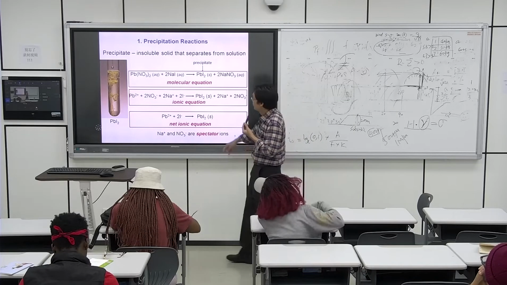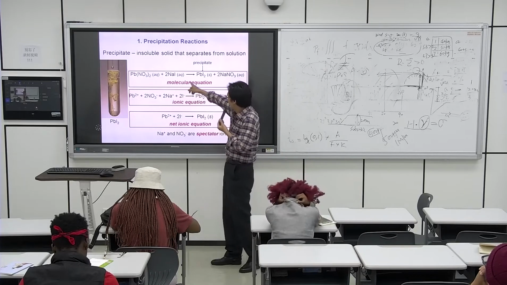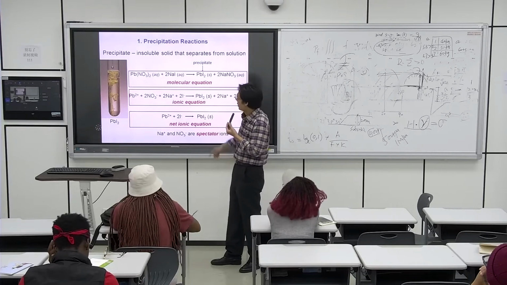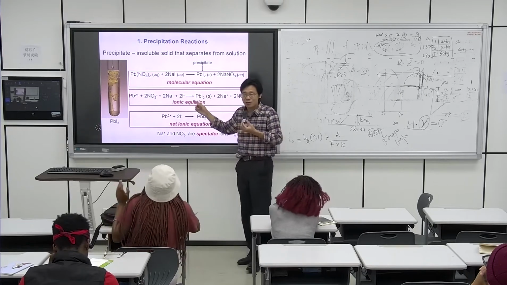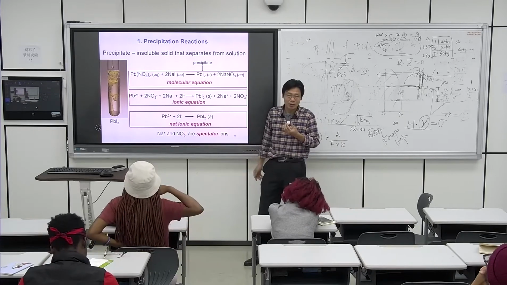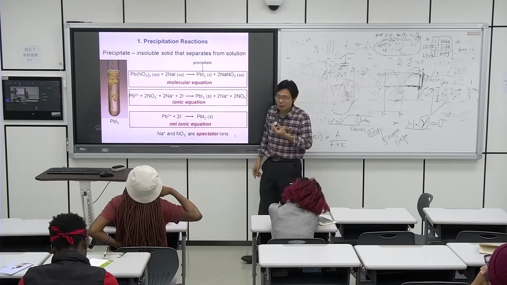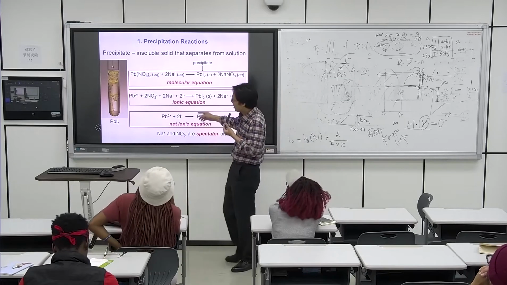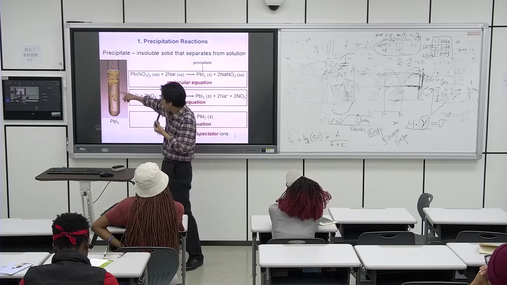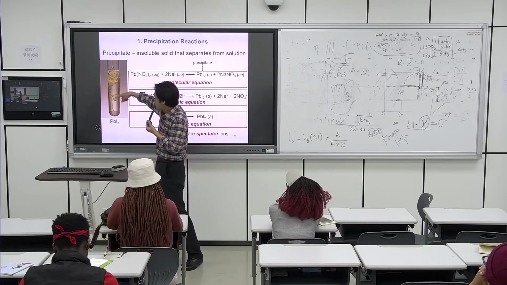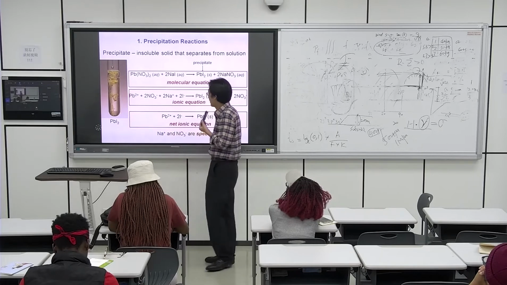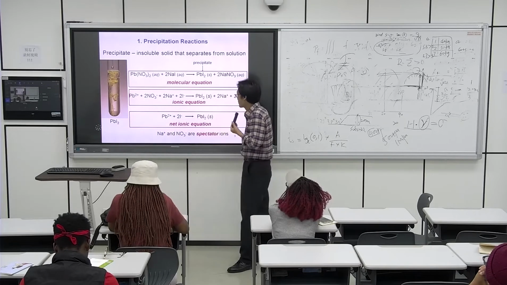For example, in this reaction, this is a solid, which means it does not dissolve in water very well. When we add these substances together in water, you can find a yellow solid product. So this is called a precipitation reaction.